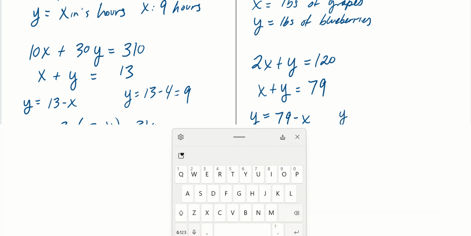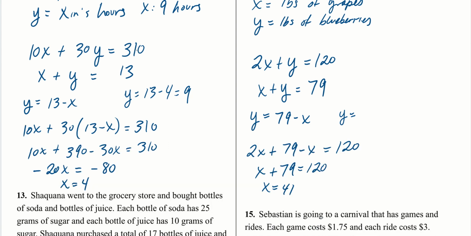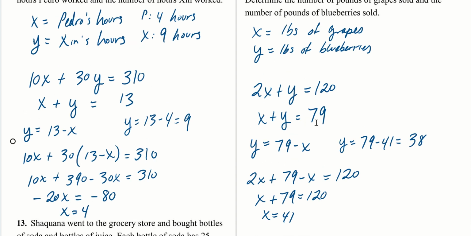So y is equal to 79 minus 41, which is 38. So that means that there were 38 pounds of blueberries and 41 pounds of grapes sold.